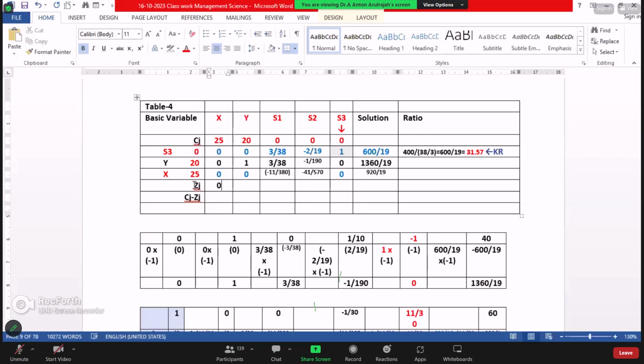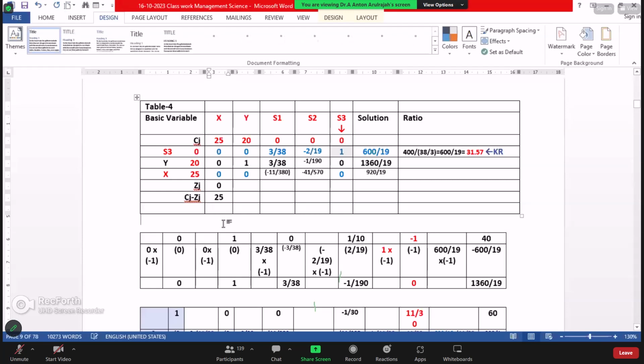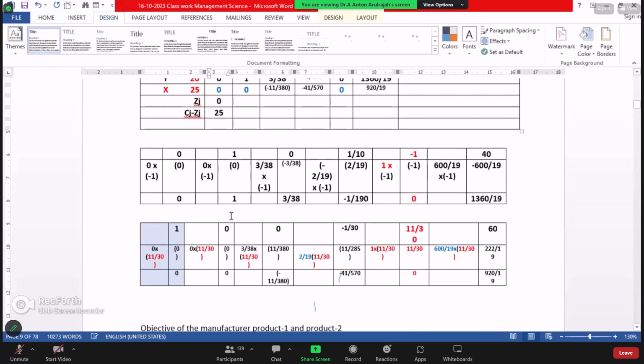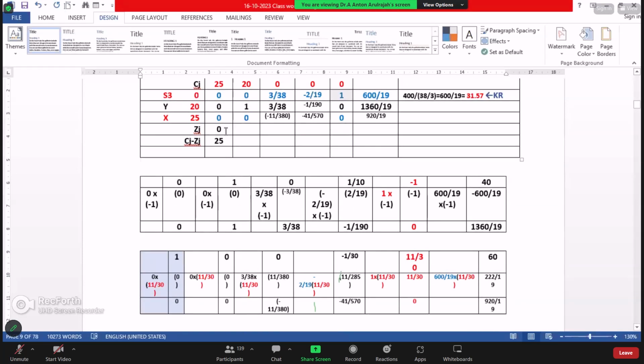It is sure that we made a mistake. Okay. So somewhere we made a mistake, students. That's why it's rotating. So we cannot get the solution for this, right?